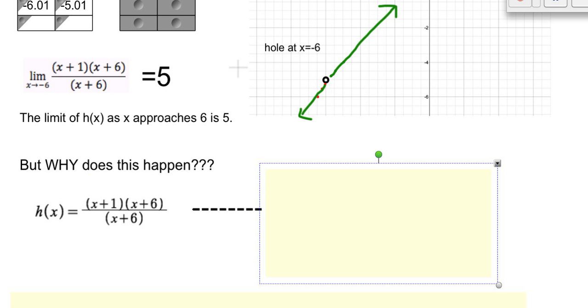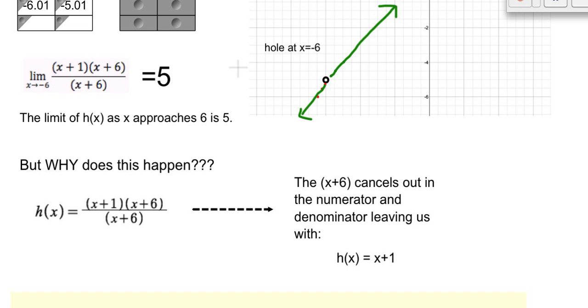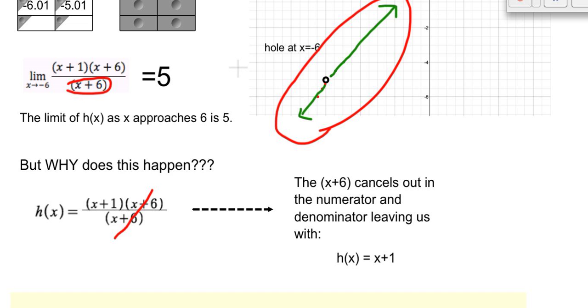Well, let's look. There's our function. And look what happens here. The x plus 6s cancel, leaving us with just x plus 1. So this graph up here is just the graph of y equals x plus 1, but with a hole in it because of this point of discontinuity caused by this x plus 6 in the denominator.